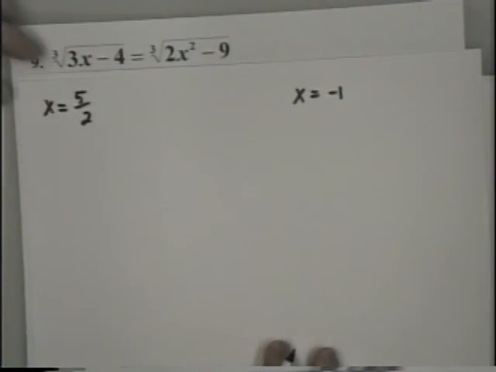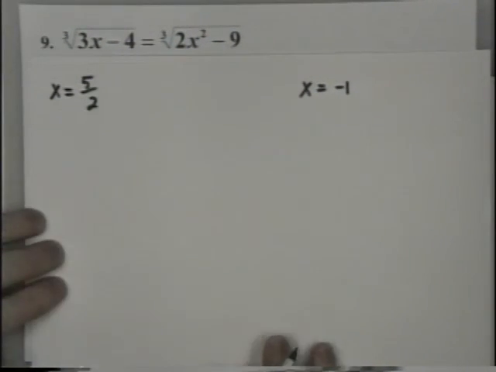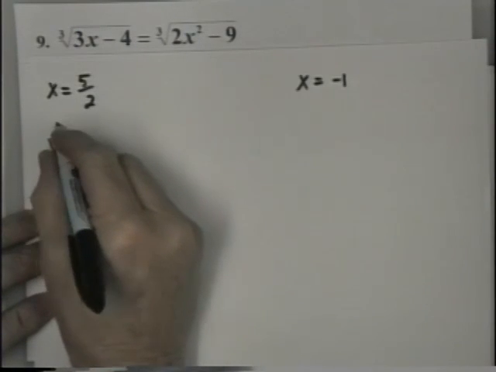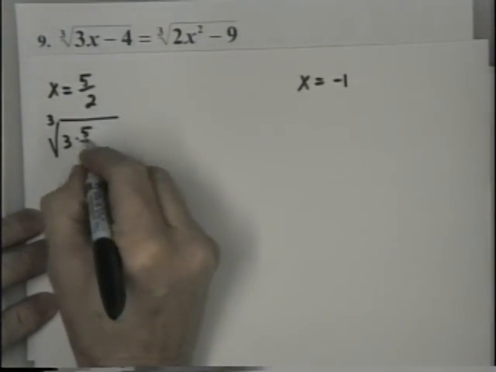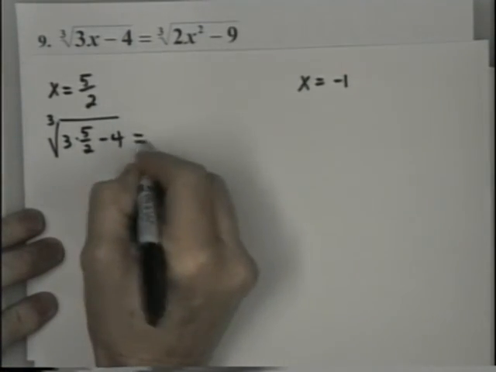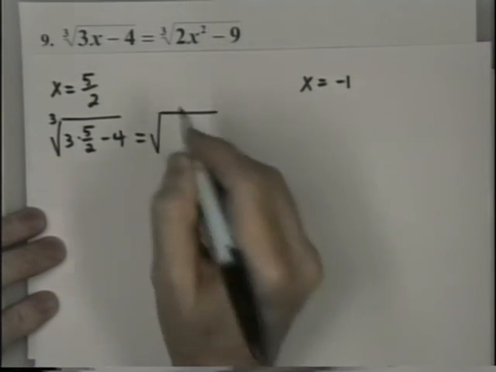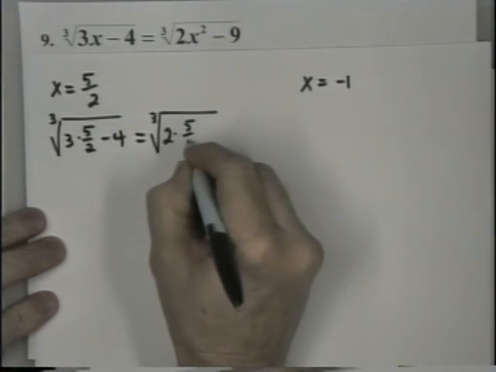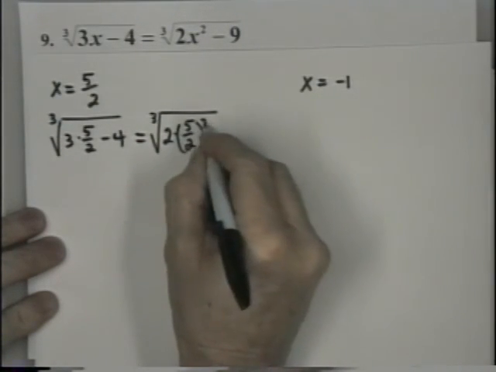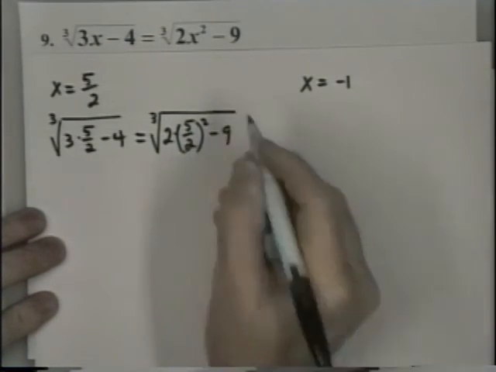So take the original equation: the cube root of 3 times 5 halves minus 4 equals the cube root of 2 times 5 halves squared minus 9.